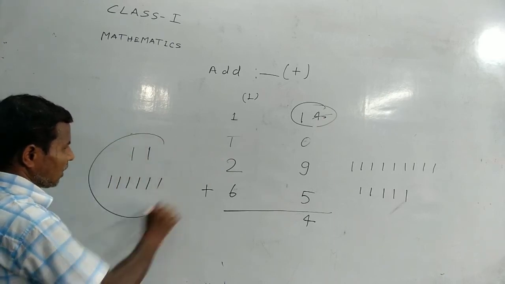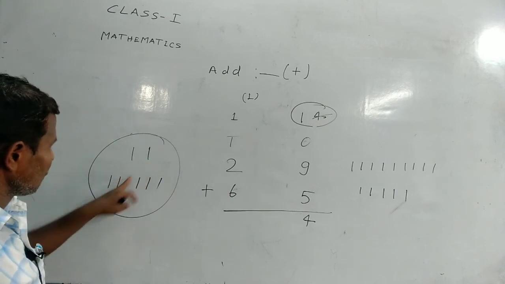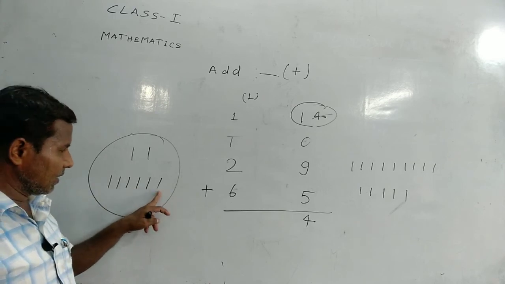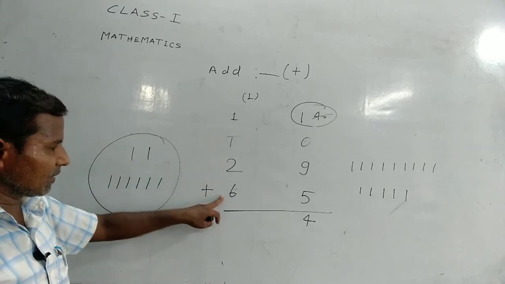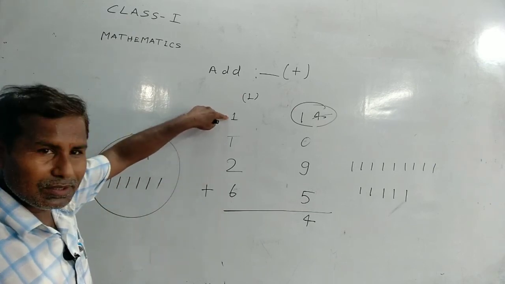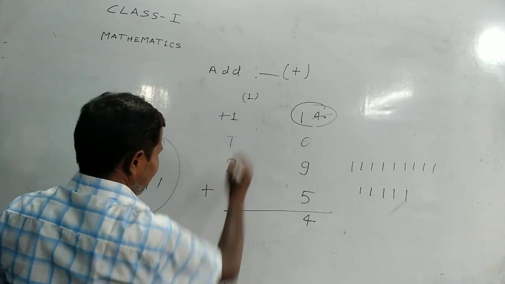Now count the total number of lines. 1, 2, 3, 4, 5, 6, 7, 8. The sum of 2 and 6 is 8. And also rest number is 1. 8 plus 1 is 9.